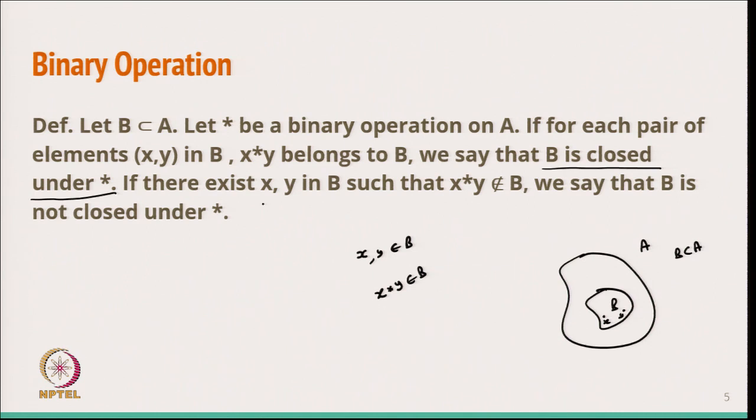And if there exist x and y in B such that x star y does not belong to B, then we say that B is not closed under the operation star. This way we can define whether the set is closed under that binary operation or not.